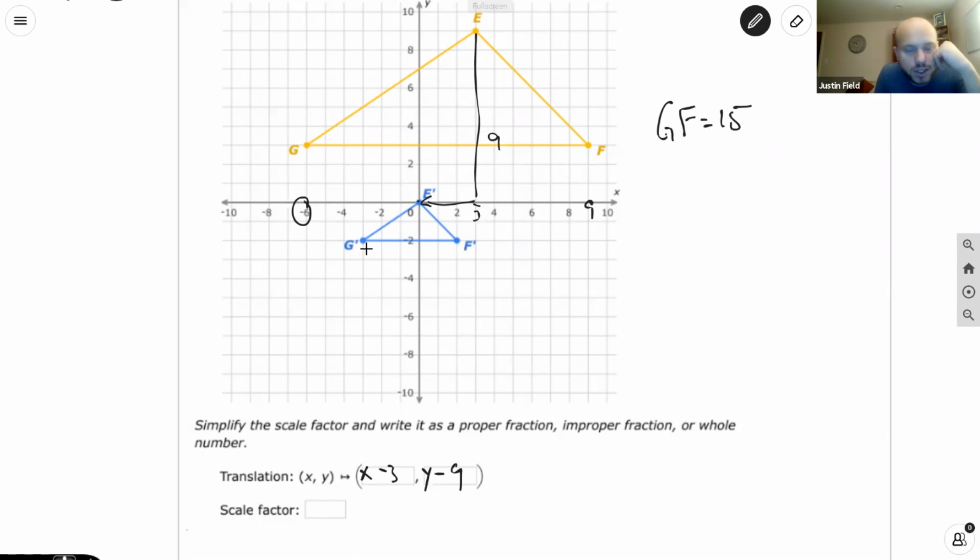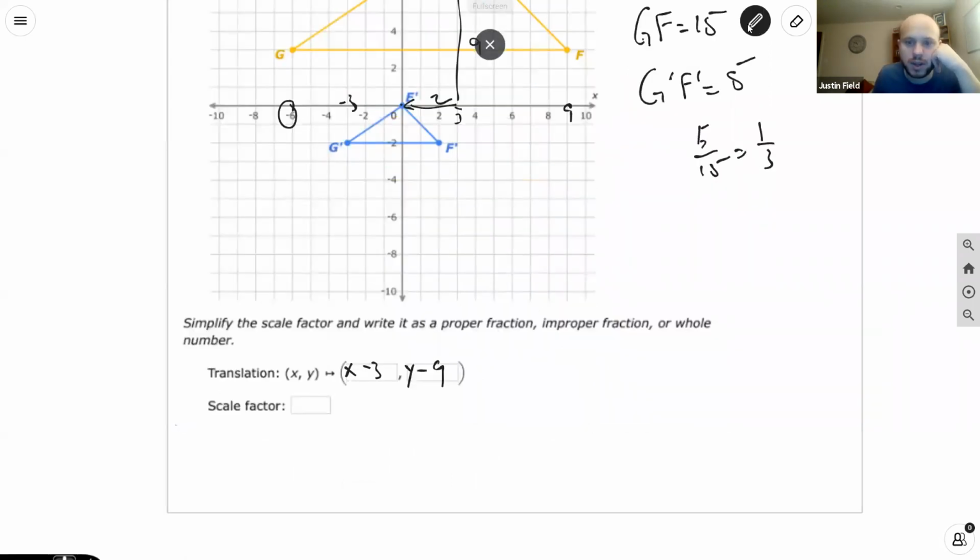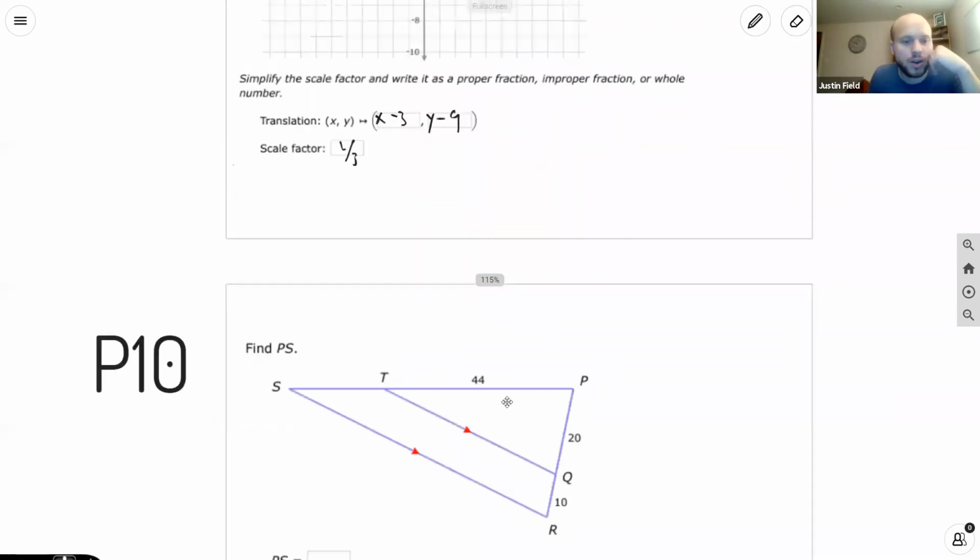And how about G prime F prime? That goes from -3 to 2, so that's 5. So we can see that it's 5 over 15, which is 1/3. So that blue triangle, the image, is 1/3 as big as its original pre-image. All right, let's move on.